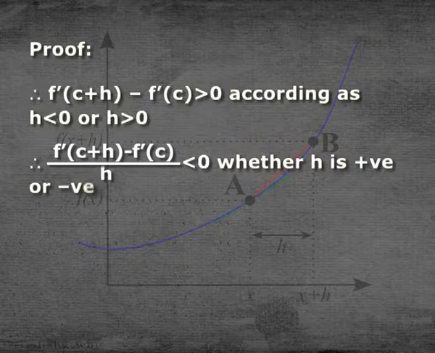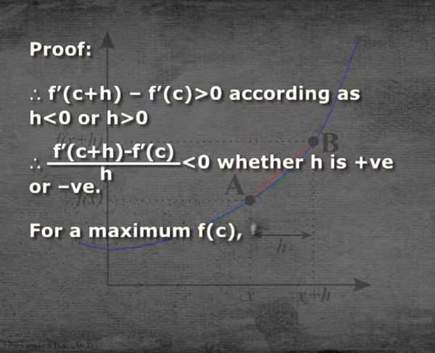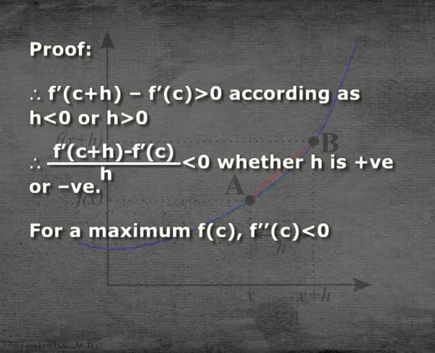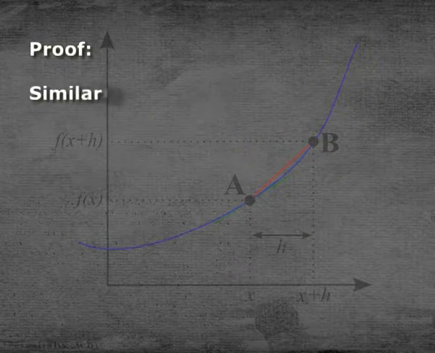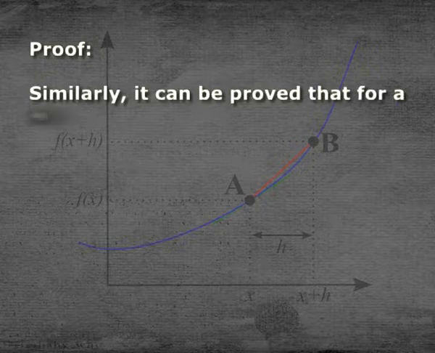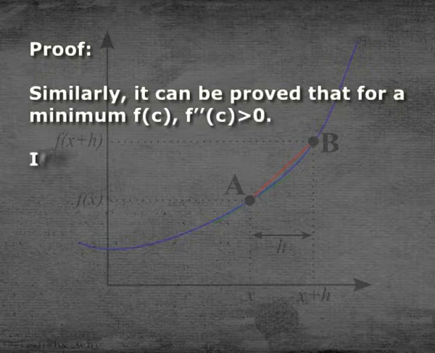That implies that (f dash (c plus h) minus f dash c) divided by h will be lesser than 0 whether h is positive or negative. So for a maximum f(c), the second derivative of f at c will be lesser than 0.